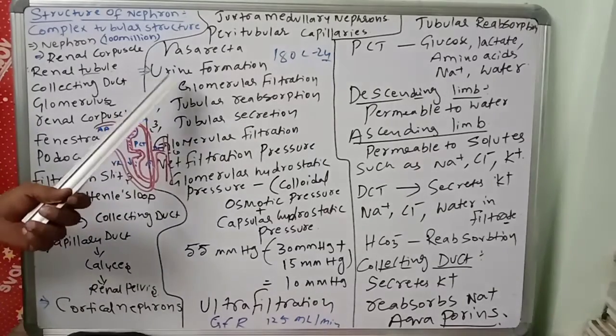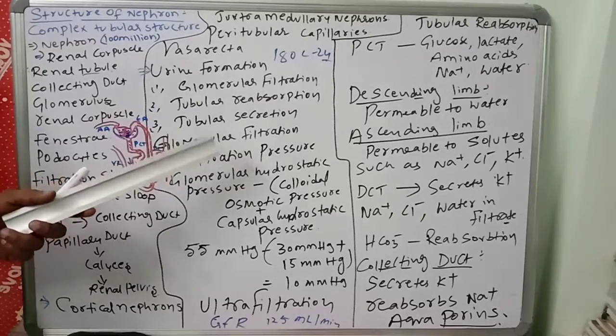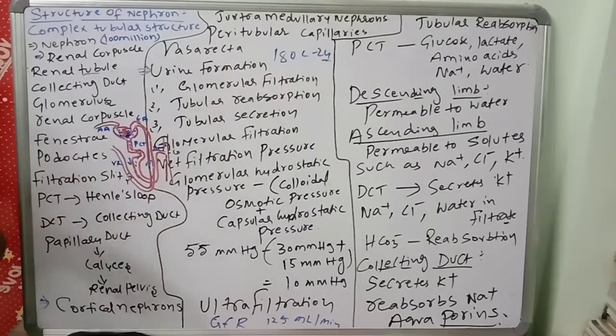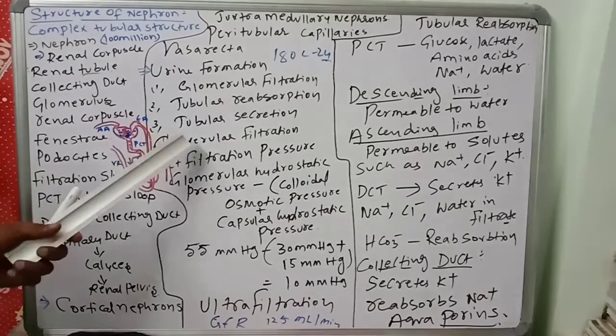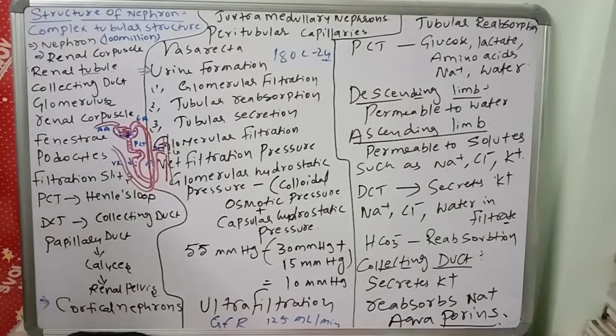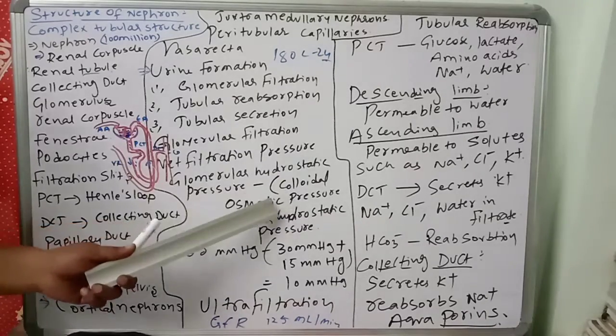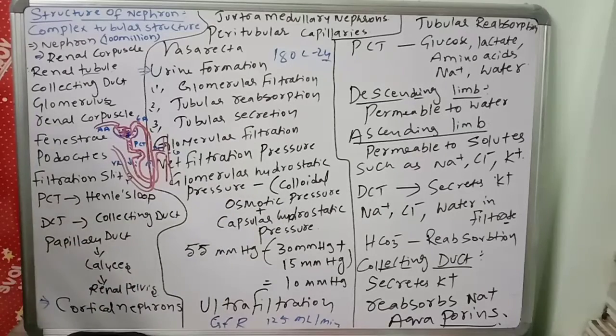In urine formation, the most important steps are glomerular filtration, tubular reabsorption, and tubular secretion. Glomerular filtration is very important, the net filtration. Blood comes through the afferent arteriole, and the glomerular blood pressure is 55 mmHg, higher than other capillary beds. There are two opposing forces: colloidal osmotic pressure and capsular hydrostatic pressure.